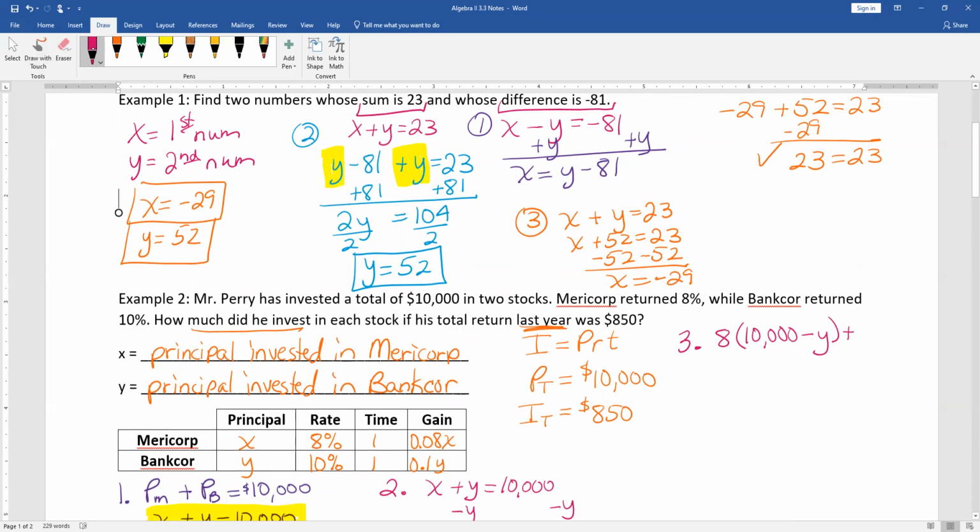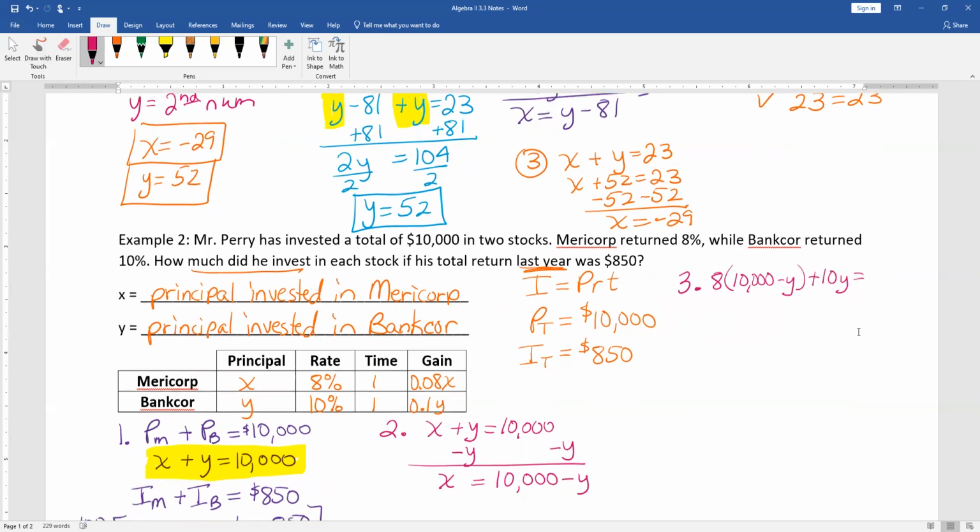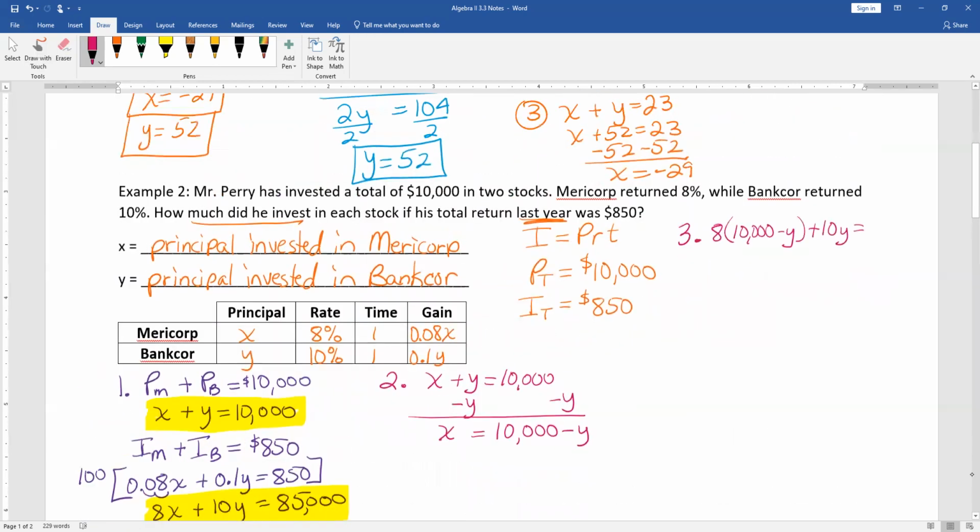Resume. There we go. Plus 10y equals, this is not going to fit. Try to write smaller. 8 times 10,000 minus y plus 10y equals, what was it? Shoot, 85,000. There we go.